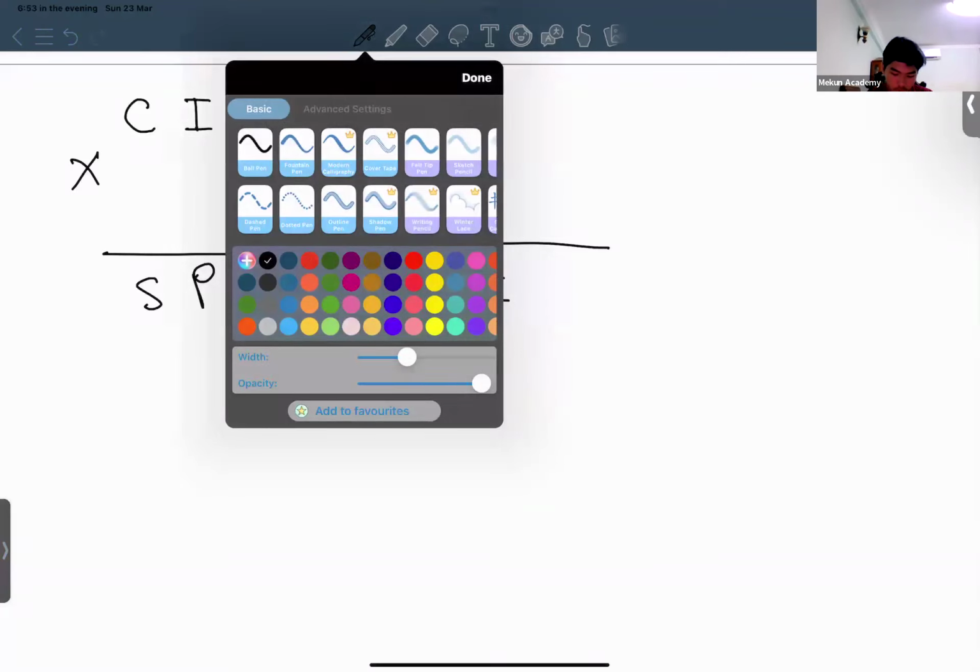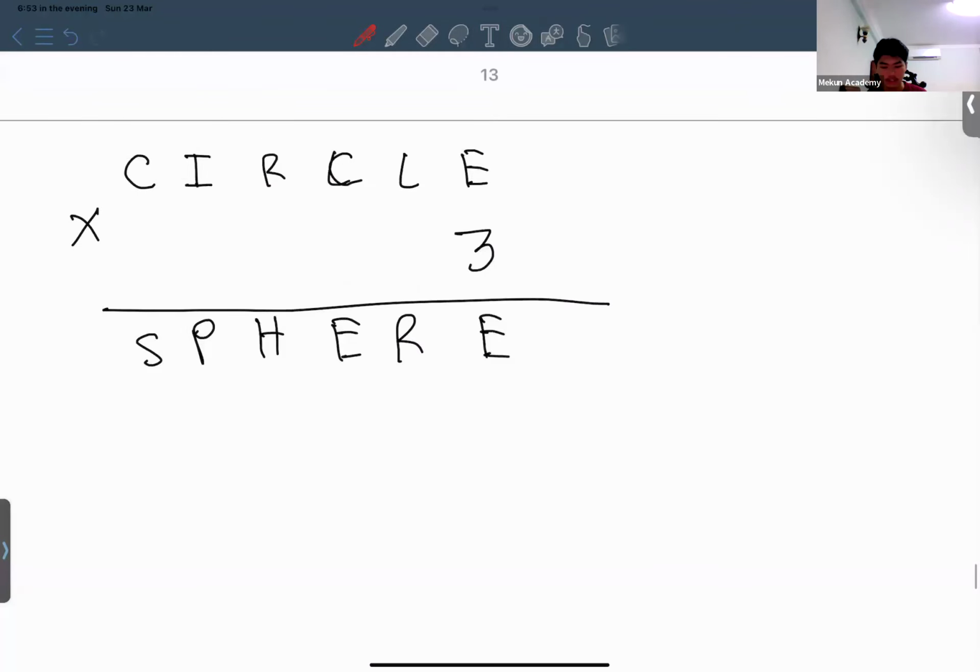Okay, so from this, you need to find the sum of S plus P plus H plus E plus R plus E. To solve this, you need to look at it from the right side, which is this side. You can see E times 3 equals to E. So it's like a number times 3 equals to that number again, or maybe that number but as 2 digits.